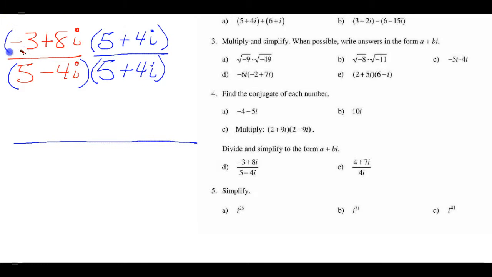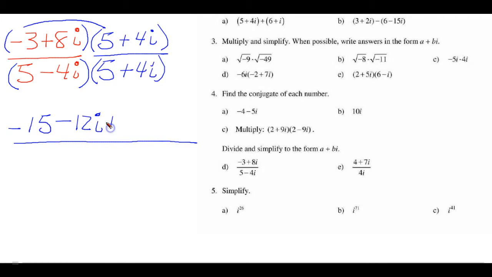So on the top, we're going to FOIL this. So we'll do it carefully. Negative 15. Outers a positive, a negative 12i.